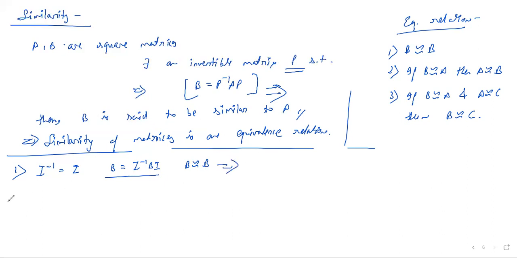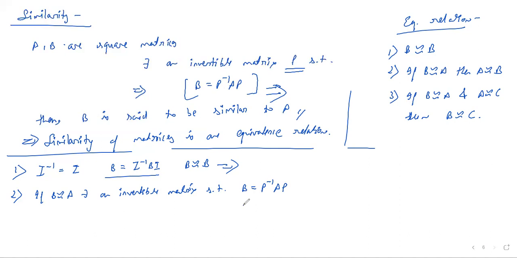Similarly, for the second, we consider that if B is equivalent to A, then it means there exists an invertible matrix P such that B is equal to P inverse AP. Let's check that if B is equivalent to A, whether A is equivalent to B or not.